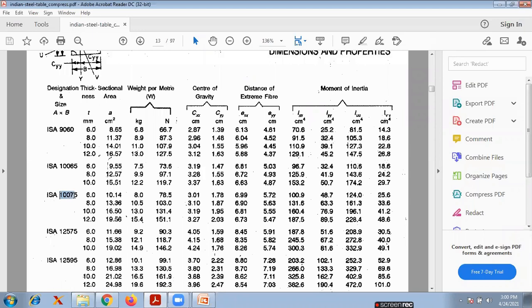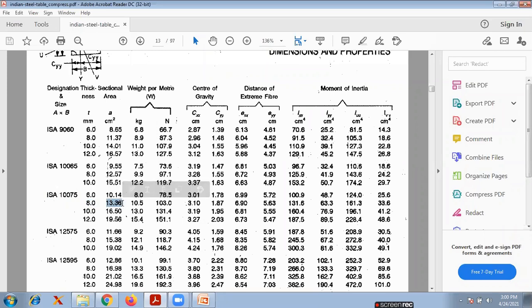If I take ISA 100 by 75 with 8 thickness, the value here is 1336. So if I select this section, the thickness is 8 and the area is 1336.